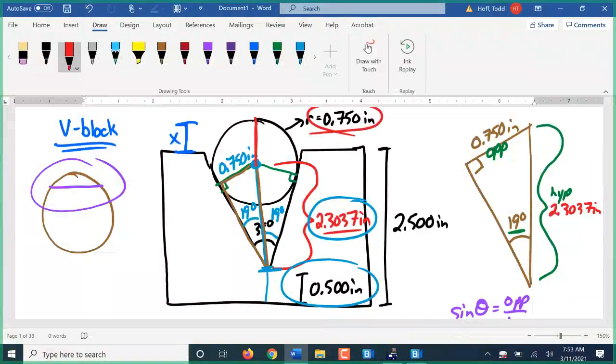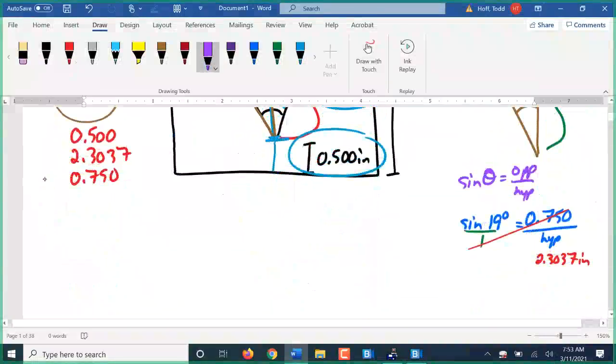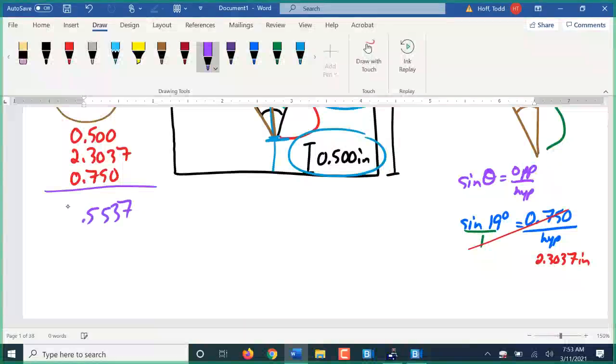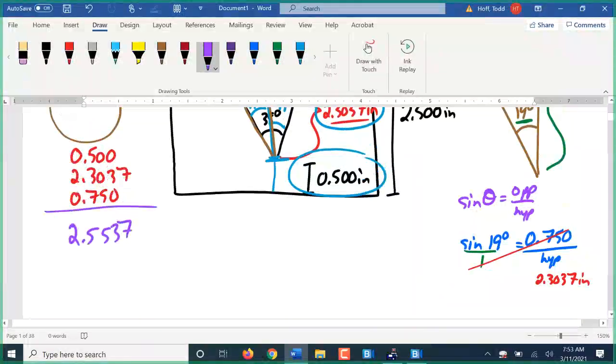So we're going to add all of those up. 0.5, 2.3037, and 0.75. Giving us 2.5537. Something's off there. 3.5537, sorry.